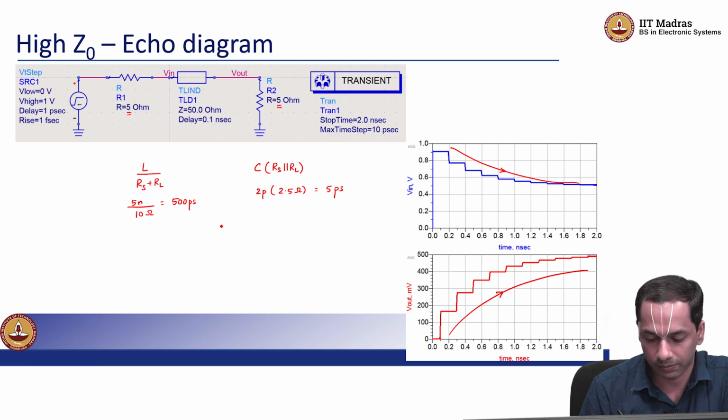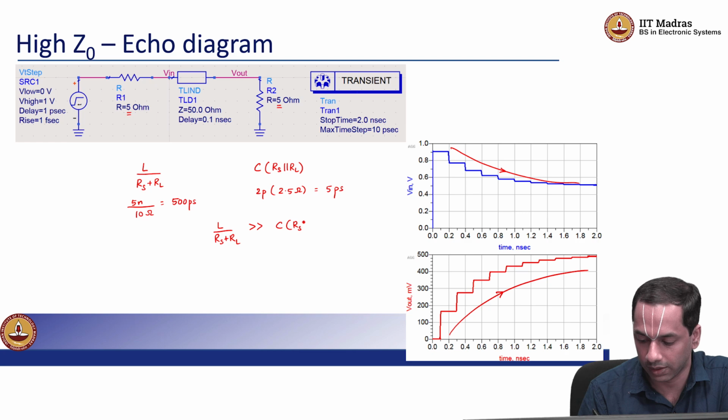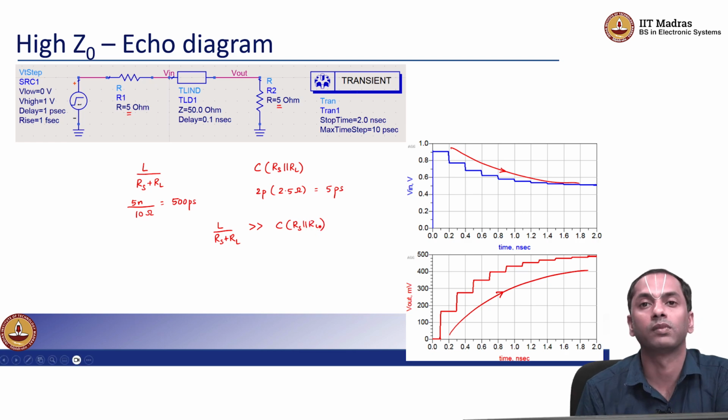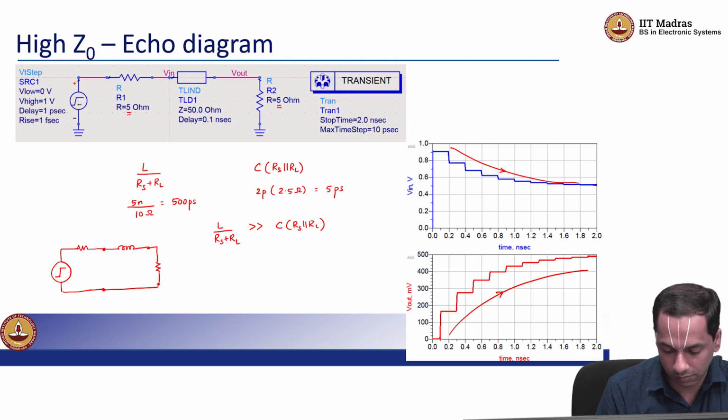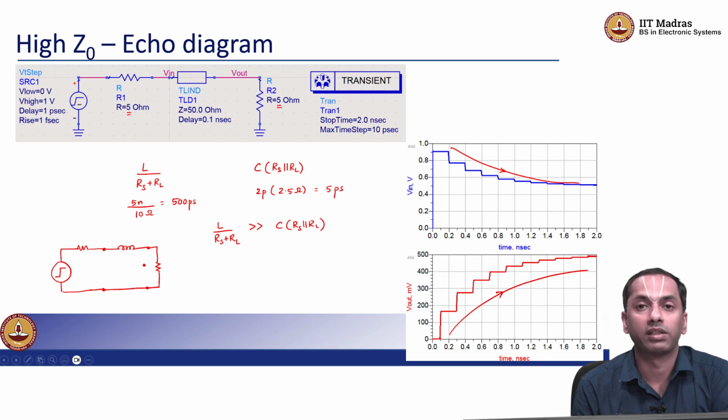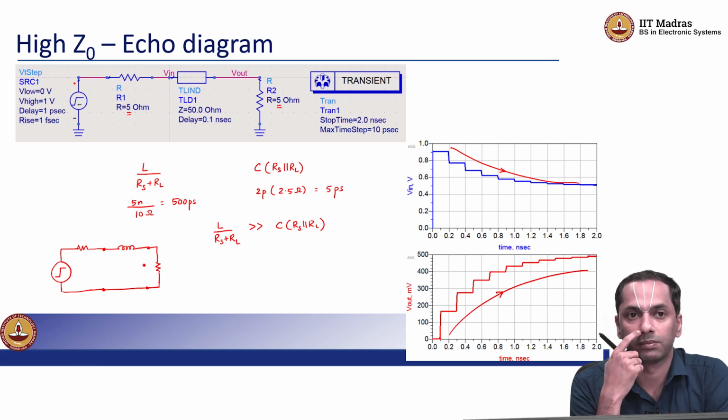So we notice that L by Rs plus RL is much larger than the capacitor charging or discharging time, right. So in this case, I can simply approximate the transmission line as merely an inductor, right.